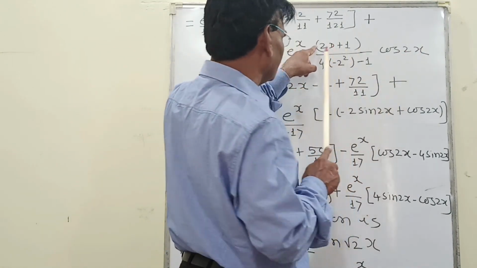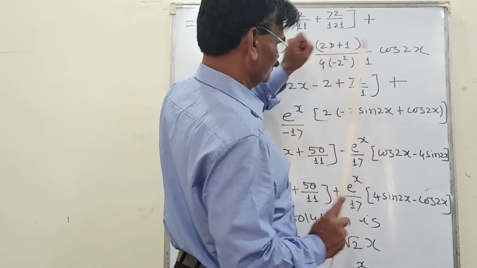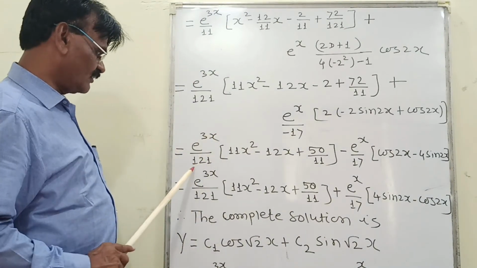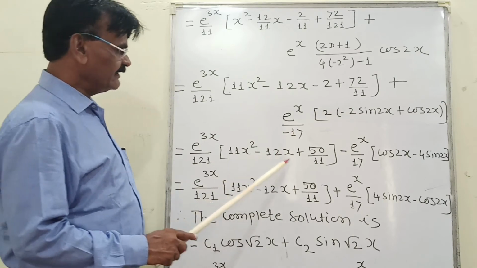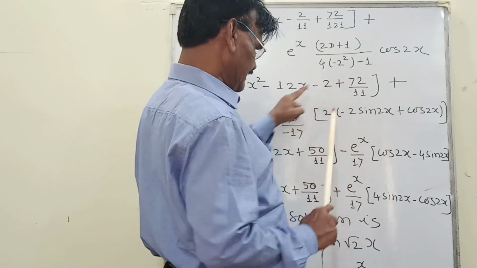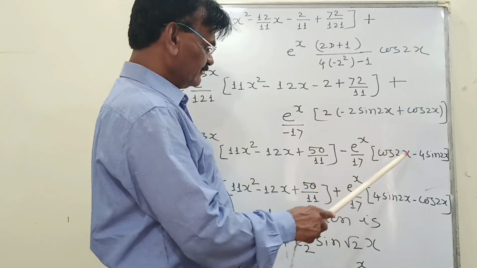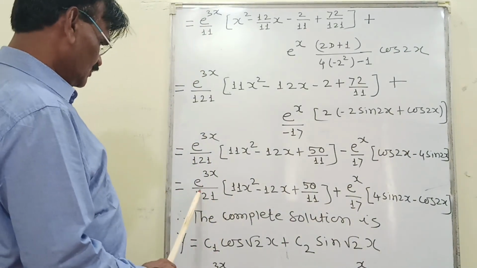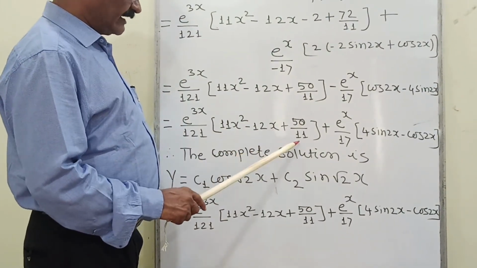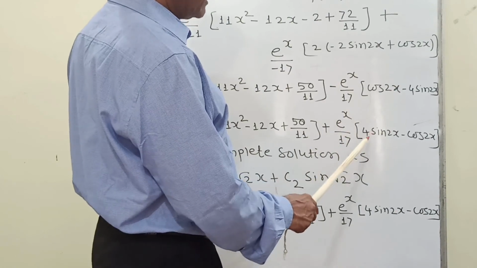When we operate (2D + 1) on cos 2x, 2 times the derivative of cos 2x is −sin 2x, and the derivative of 2x is 2, plus cos 2x multiplied by 1 is cos 2x, which is equal to e^(3x)/121 (11x² − 12x − 22 + 72, meaning 50/11) minus e^x/17 (cos 2x − 4 sin 2x), which is equal to e^(3x)/121 (11x² − 12x + 50/11) plus e^x/17, taking minus common, (4 sin 2x − cos 2x).